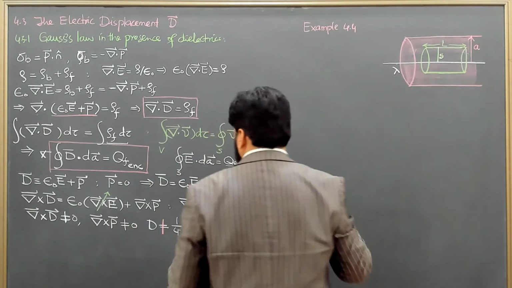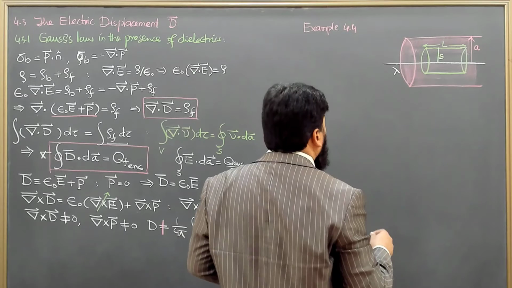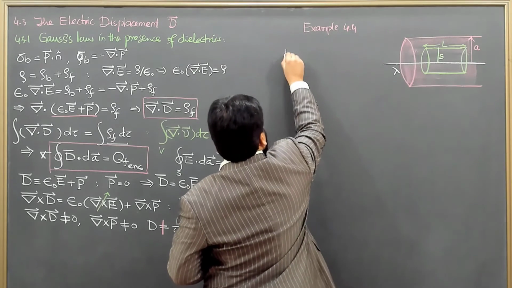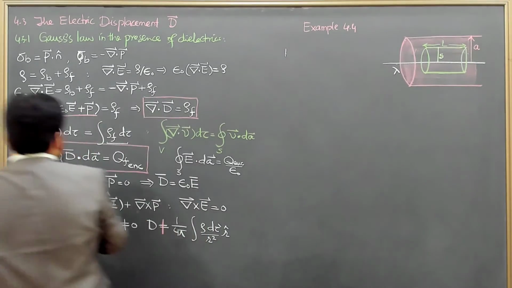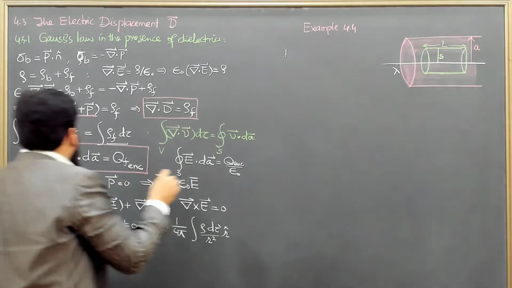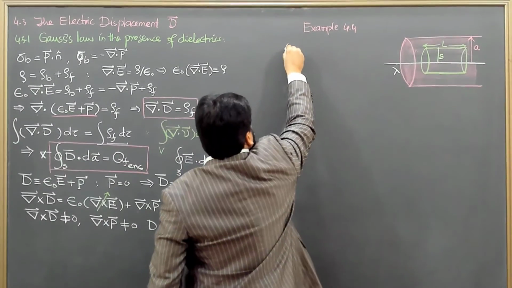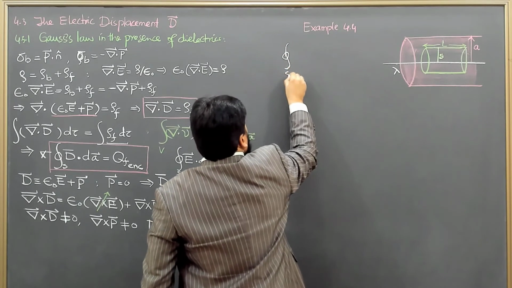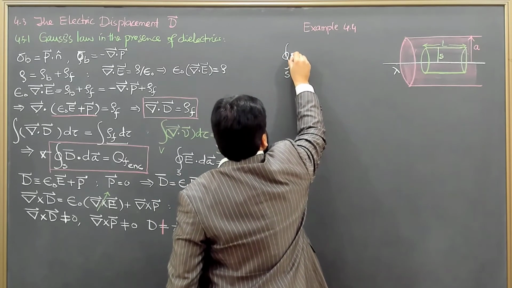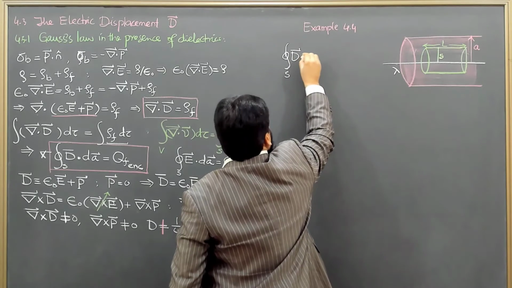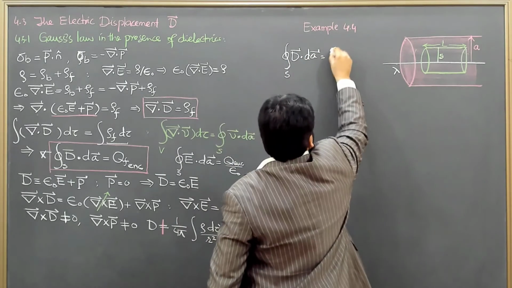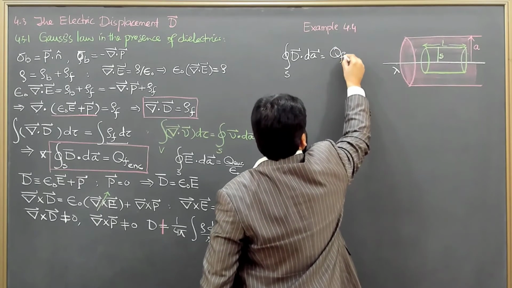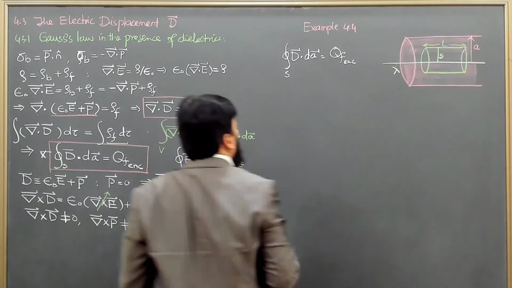Then let me write to calculate D here. We have the closed surface integral of D dot dA equal to the total free charge enclosed.